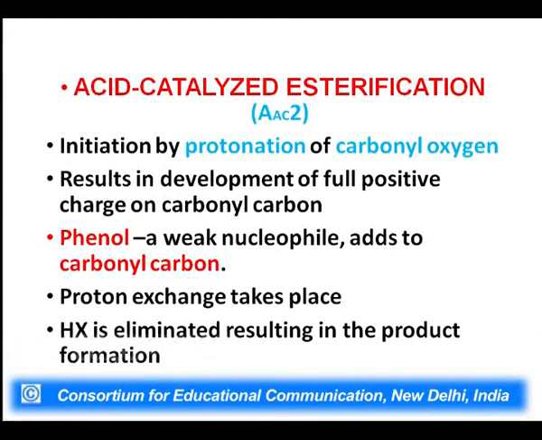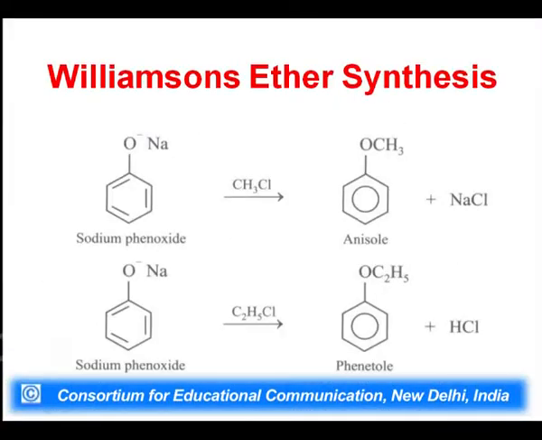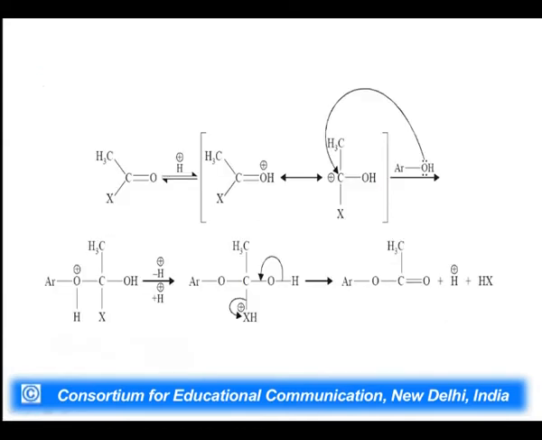Whereas in an acid catalyzed esterification, first a proton reacts with the oxygen of the carbonyl group, and we get an intermediate like this. Here we have a positive charge on the oxygen, and because of the resonance effect, the carbon has a full positive charge on it.